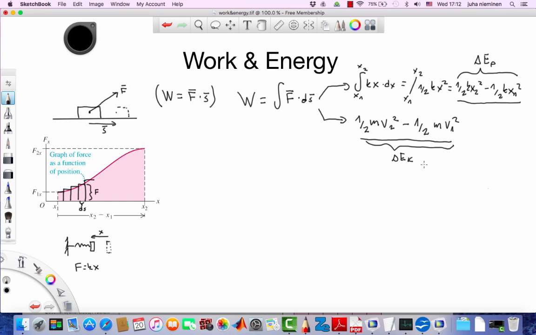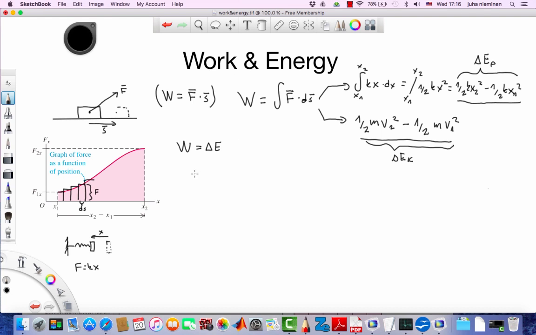So what can we take away from this? The work done on the object equals the change in its energy. It can be kinetic, could be potential, could be electric, like I almost said. But this is the relationship that ties work and energy together.